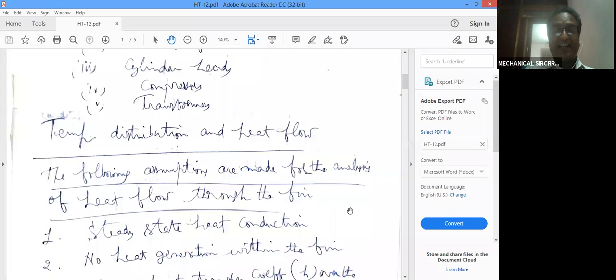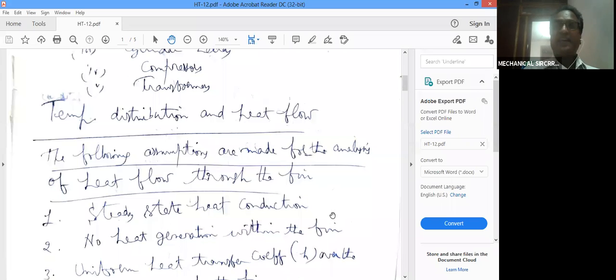But how do you increase surface area? Small thickness fins are provided on the engine cylinder head, or on the transformer, on the compressor, on the cylinder head, or on the economizer, like that.